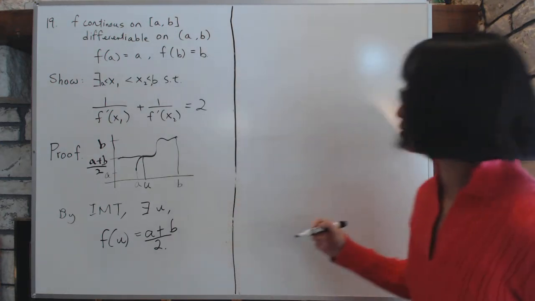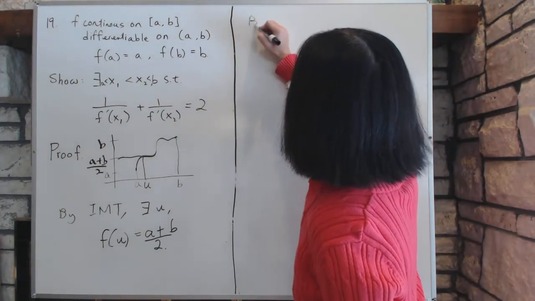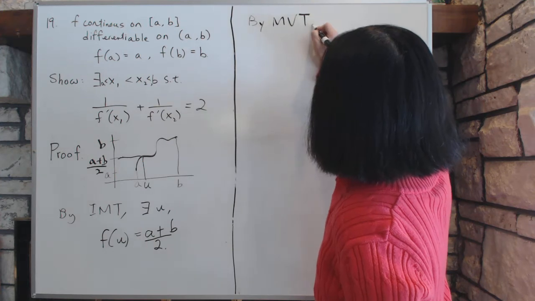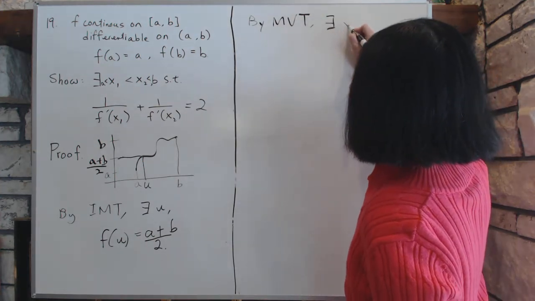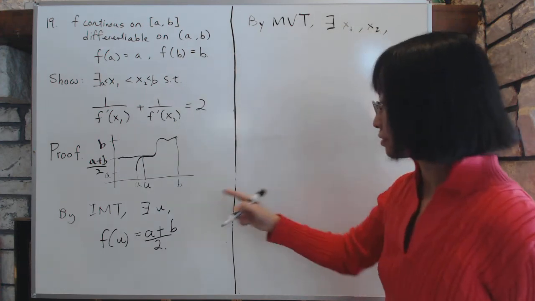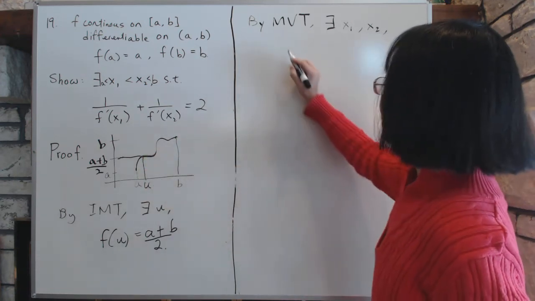Next, we're going to use the mean value theorem. By the mean value theorem, there exist x1 and x2. So here's where it comes from: we will do the mean value theorem on this part and then on this part.